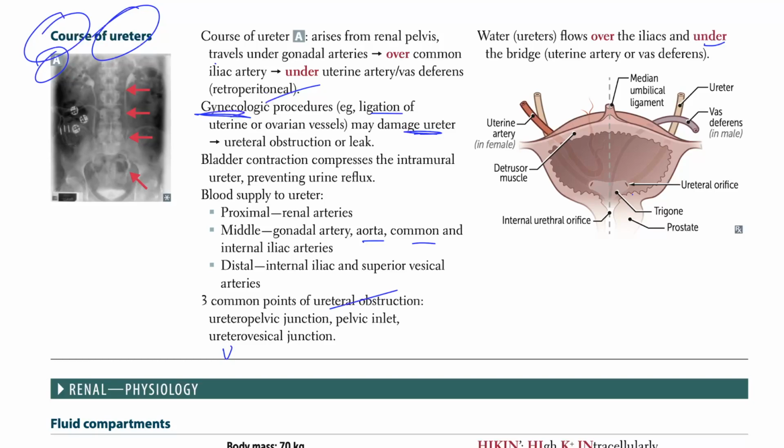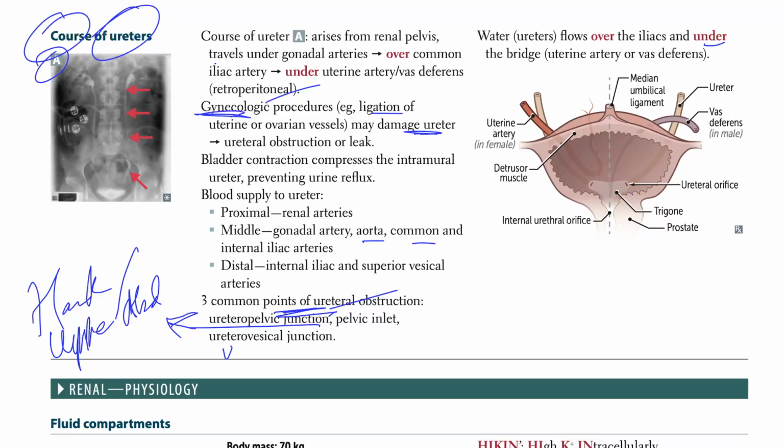So when we talk about these three common points of ureteral obstruction, we are looking at the UPJ, right? This one, UPJ. If you have an obstruction in the UPJ, it's going to cause flank or upper abdominal pain. Okay.